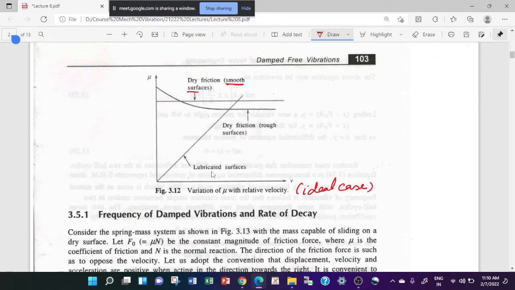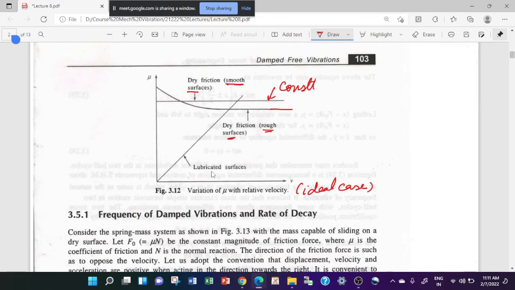So when the surface is smooth, the coefficient of friction is constant from the start of the velocity to some extent. When the surface is dry, rough here, then the coefficient of friction will decrease as the body starts sliding, and after a certain time period this will remain constant again.